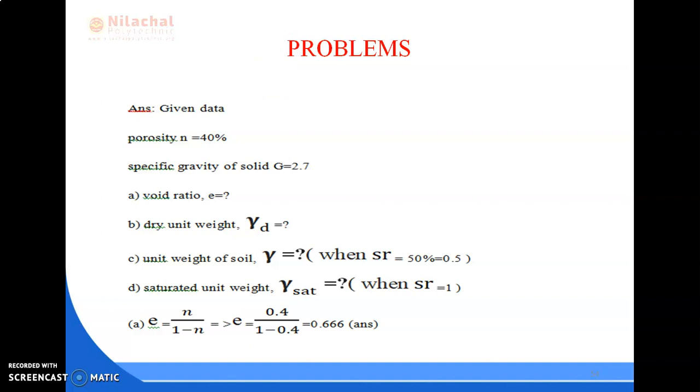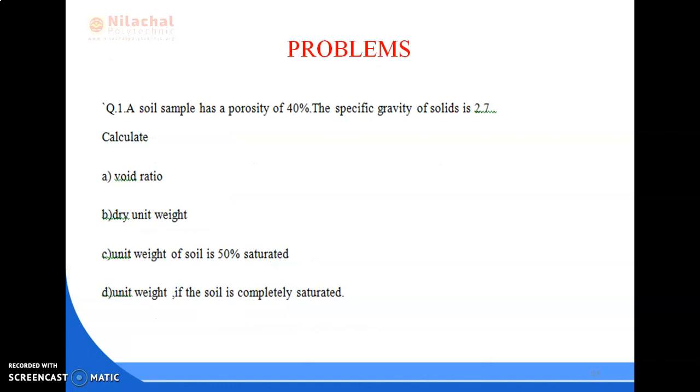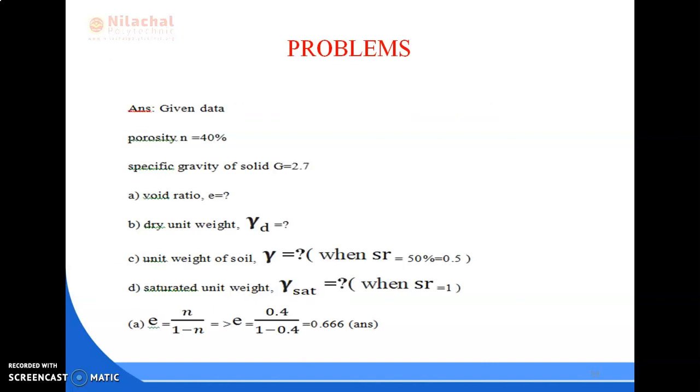So in every question, first give priority to writing the given data clearly. After that, solve the problem. So here, in the given data, you have to write clearly whatever is given in the question. Porosity, notation n equal to 40%. Specific gravity of solids G equal to 2.7.